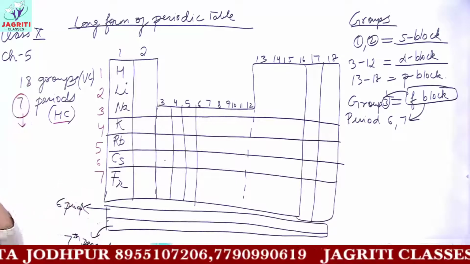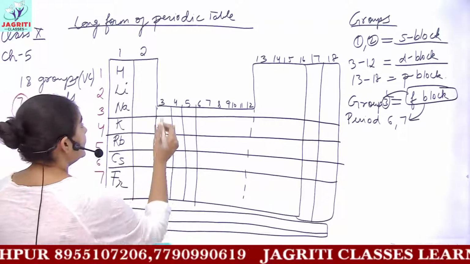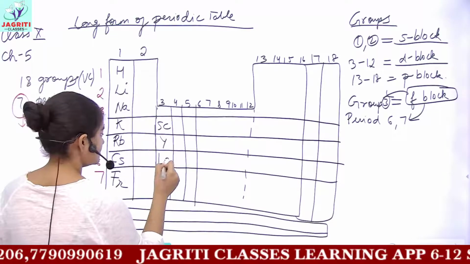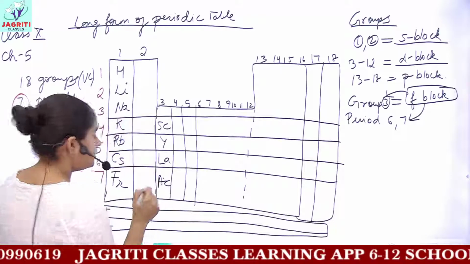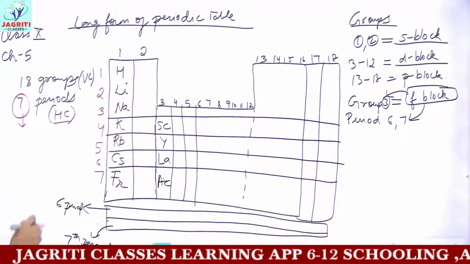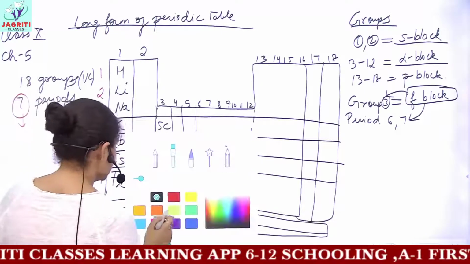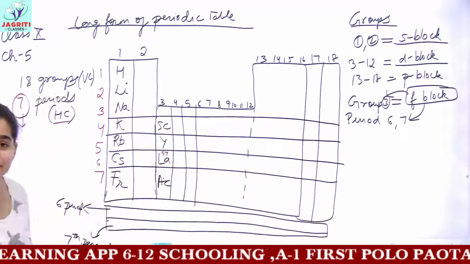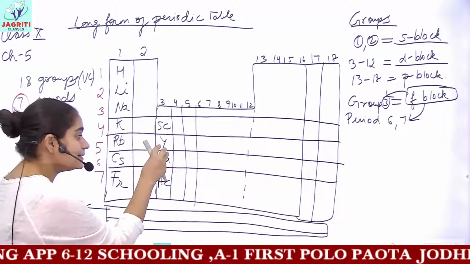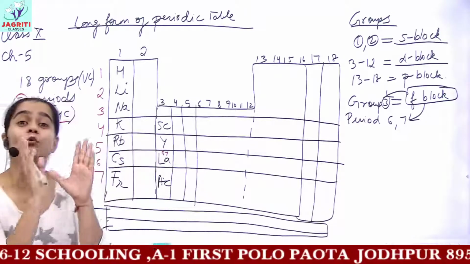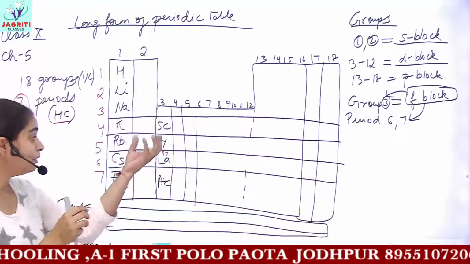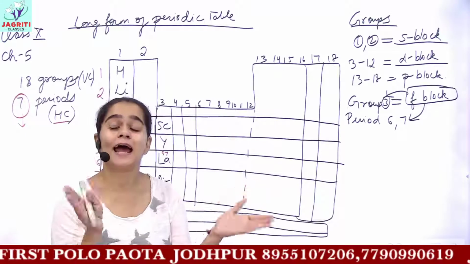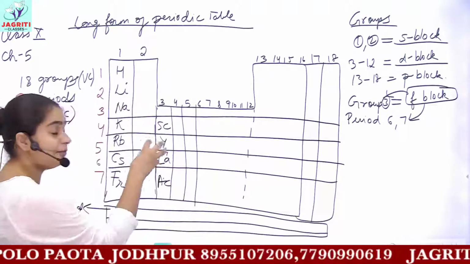But not so, because we observed that in the 6th period you have different elements, which are present here. We observed that this element lanthanum has atomic number 57. After this lanthanum, we had 14 more elements which showed properties similar to lanthanum. And because we know that if elements have similar properties, they should be kept in the same group.